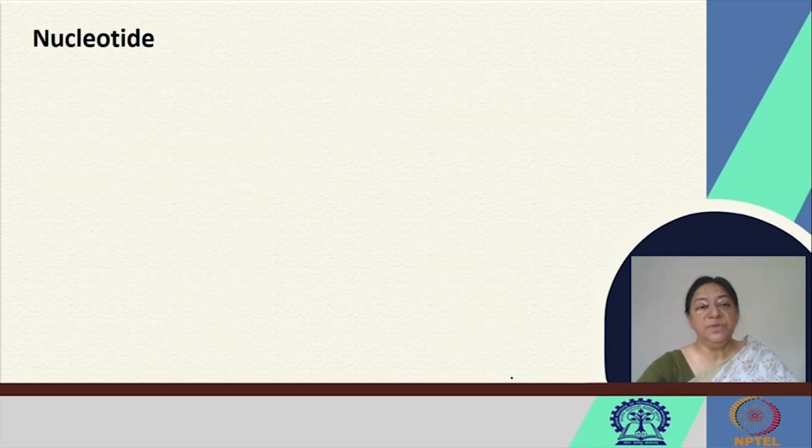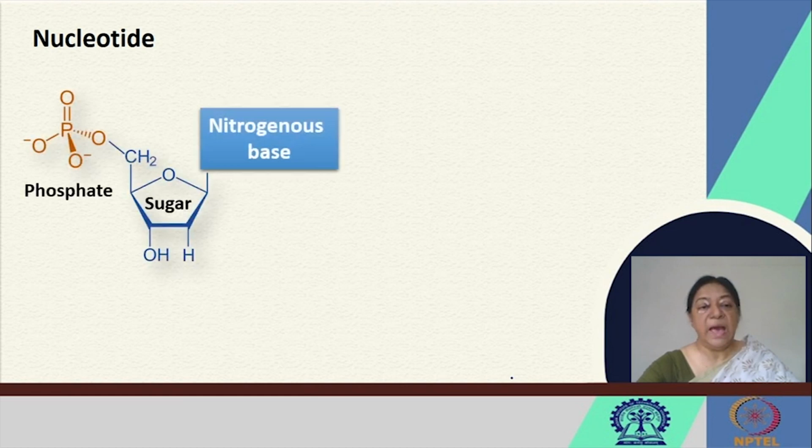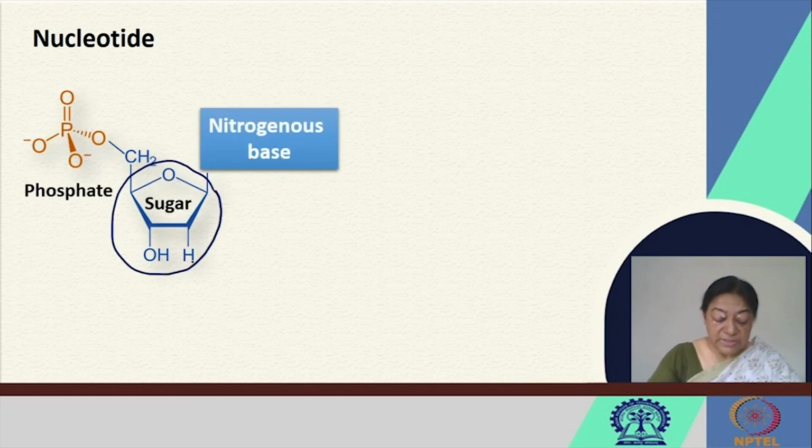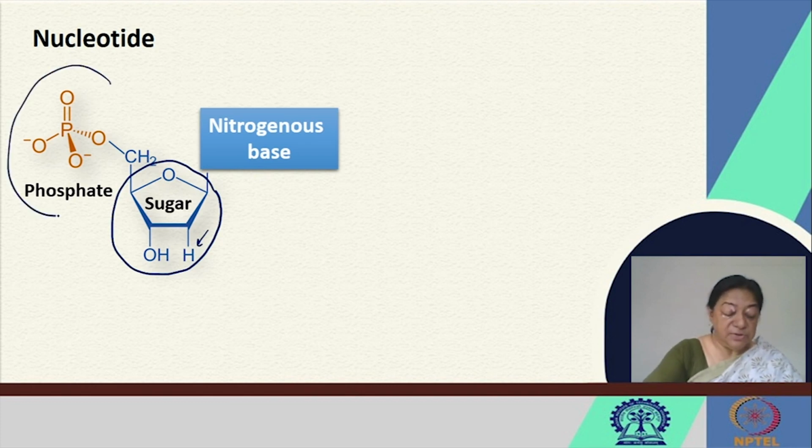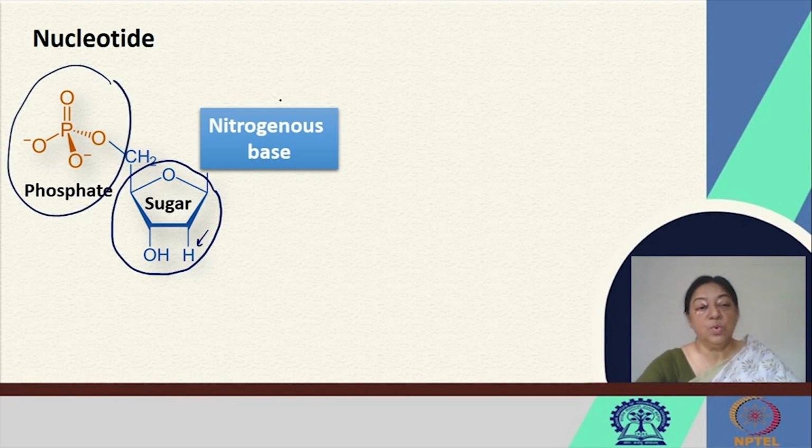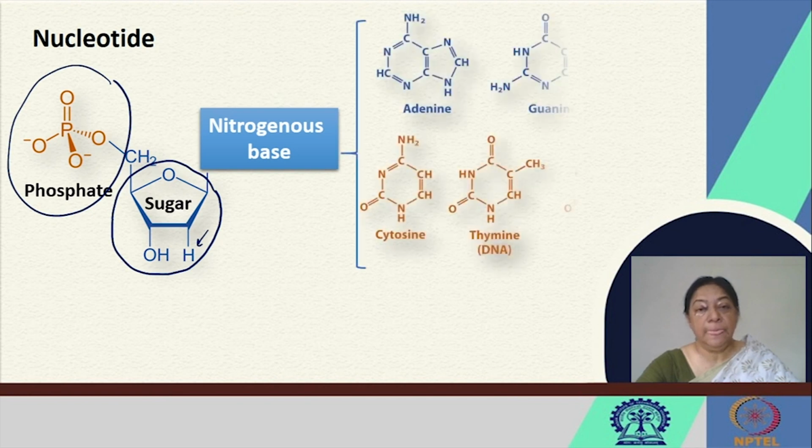In the formation of the nucleotide, we have therefore the sugar. We see that the OH is missing here, so this is a deoxy sugar, the oxygen is missing. We have the nitrogenous base attached here, and here is the phosphate group. These three components give us what is called a nucleotide.